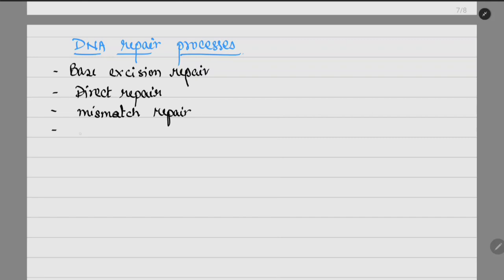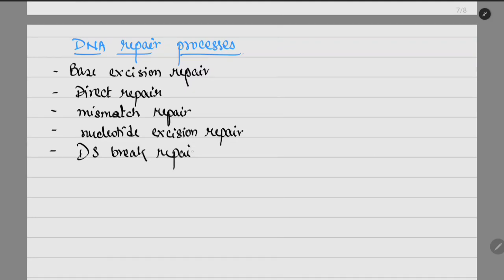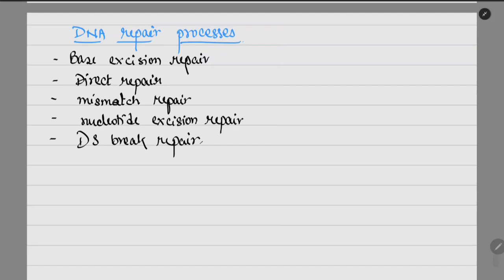Fourth one is the nucleotide excision repair, and another one is the double strand break repair. Now these are the important repair processes. Now I will discuss them one by one.